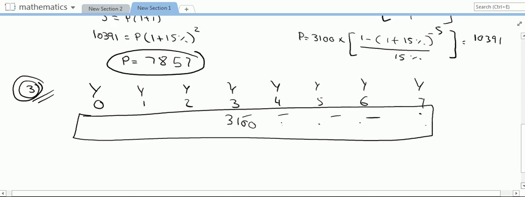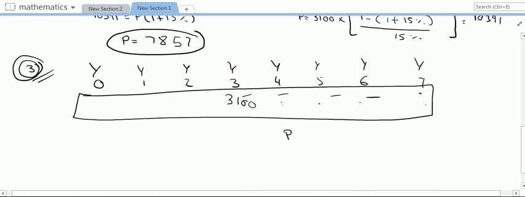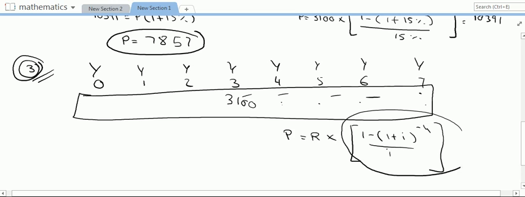Now what is the discount factor, or NPV factor? P is equal to R multiplied by 1 minus 1 plus i power minus n upon i. This portion is called the NPV factor or discount factor. The method says that firstly compute the 1 to 7 discount factor. By 1 to 7 discount factor, we mean 1 minus 1 plus 15% power minus 7, divided by 15%.